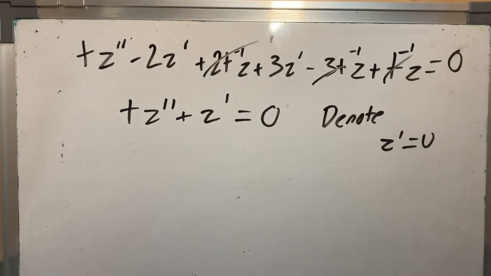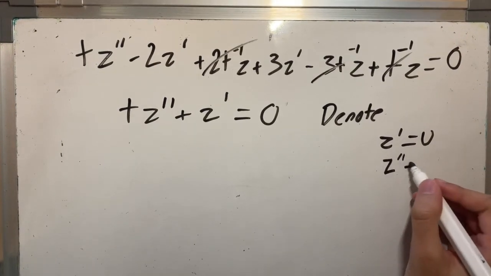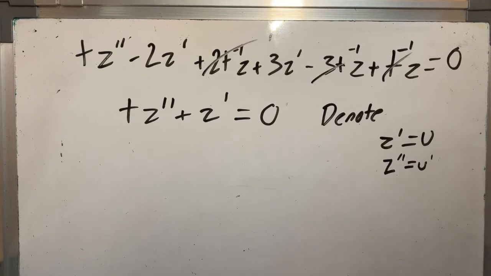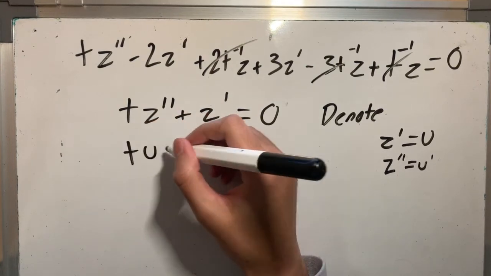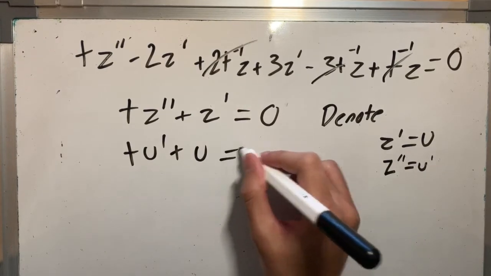Once we do that, we know that z double dash will be equal to u dash. And we use this to substitute in: u dash plus u is equal to 0.